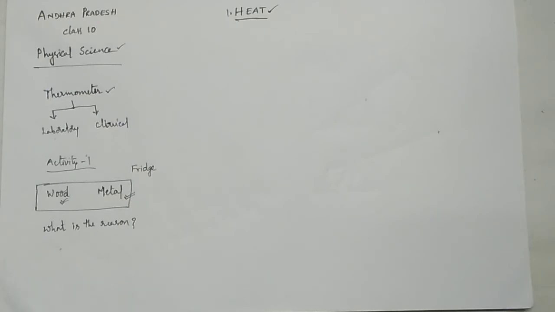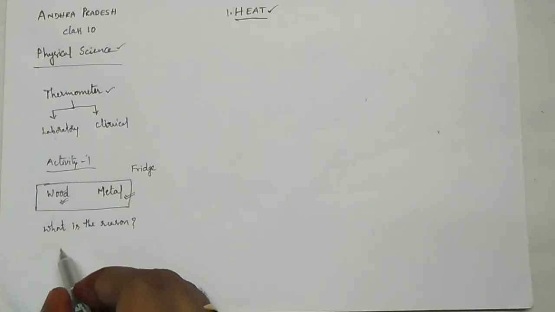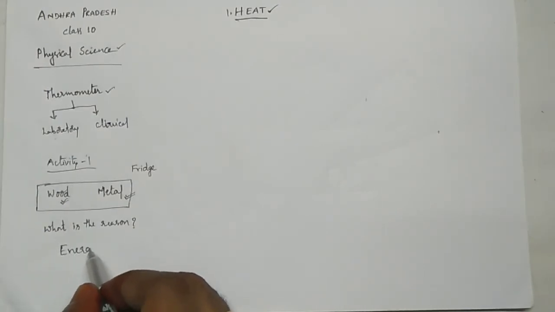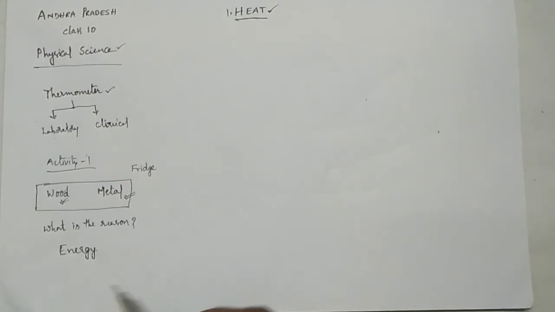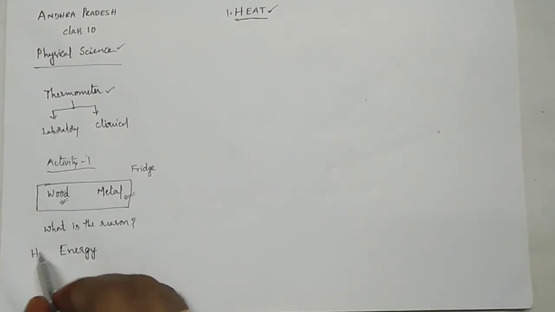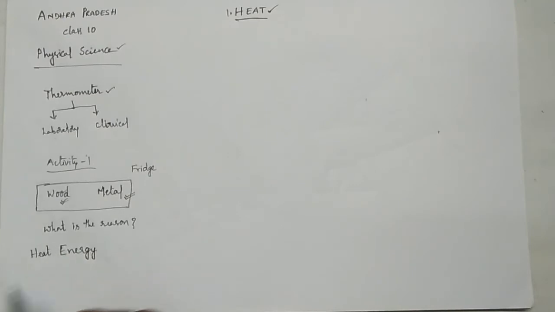The reason behind it is, when you touch the metal or wood piece, you feel that they are cold, which means some heat energy is traveling. Heat energy is traveling from your hand to the object.